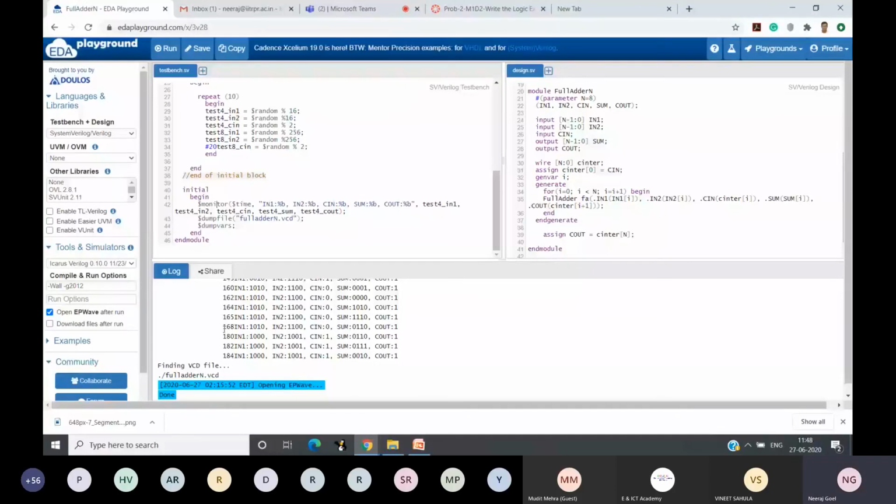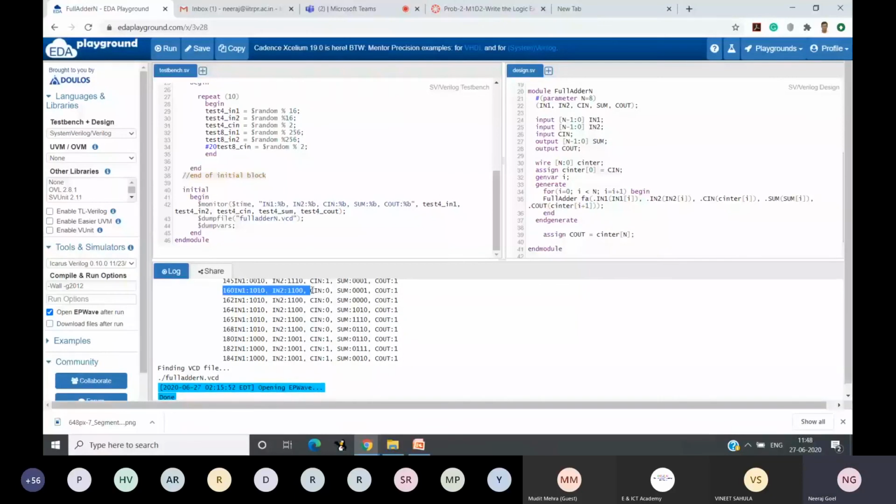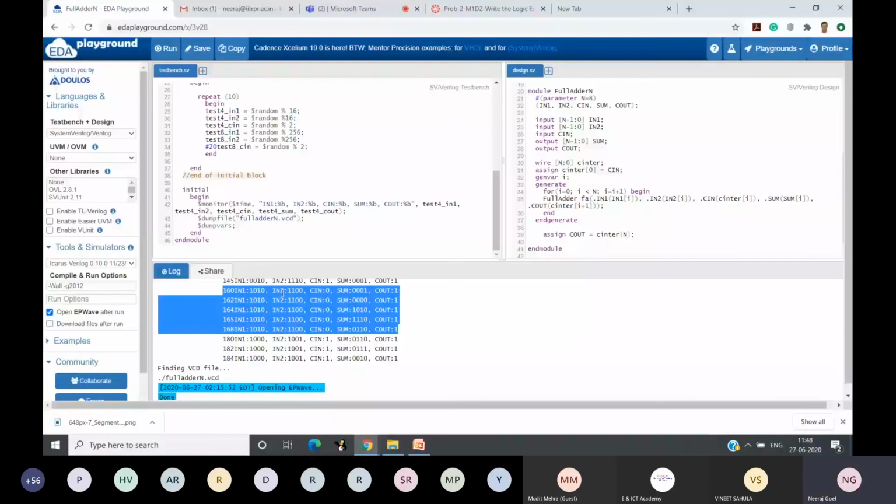My inputs are this. At 160 nanoseconds, these were the inputs, and then my out was 0, then sum was 1110, and finally the sum is 0110. And after that, there was no change in the sum while the inputs were constant. So every change is detected whenever we are using monitor.